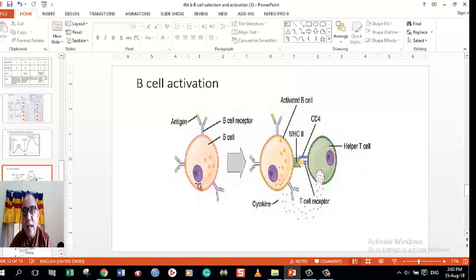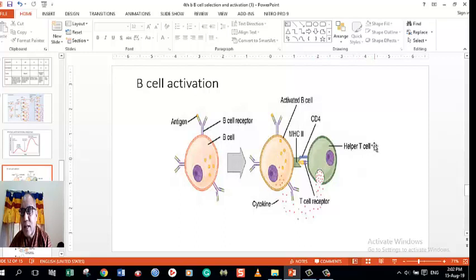So here the B cell has IgD, and once the antigens are presented by these B cells, the T helper cells will recognize the MHC2 and bind with CD4 of T cells. You know that already, I talked about it just before.